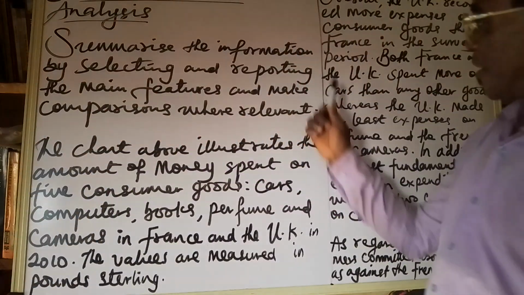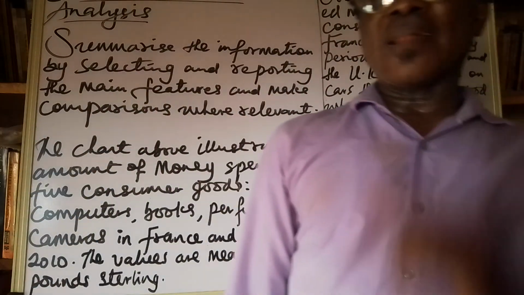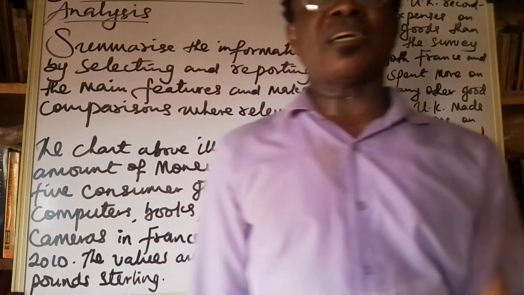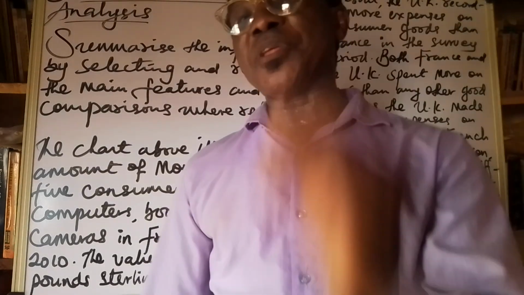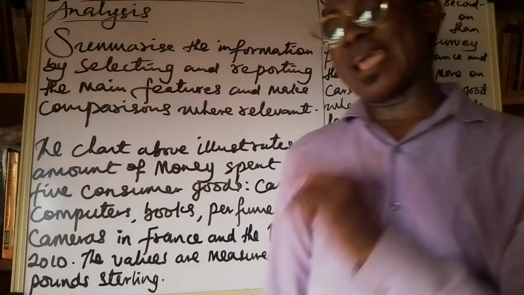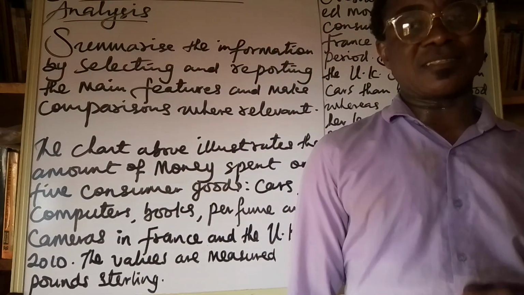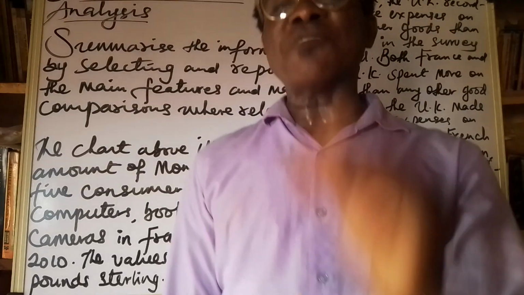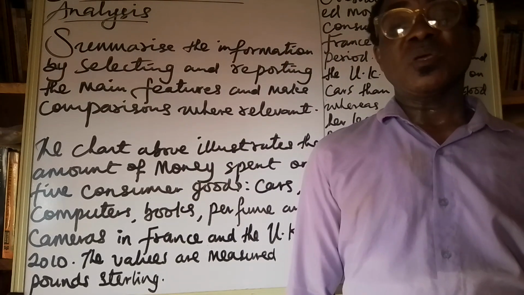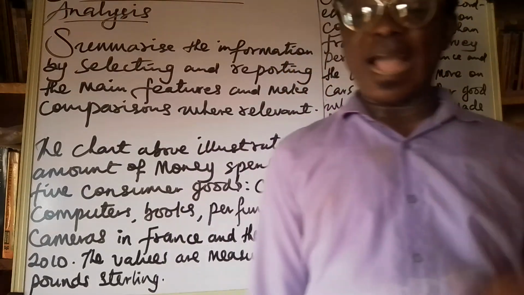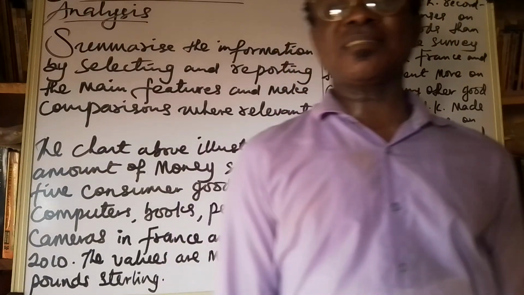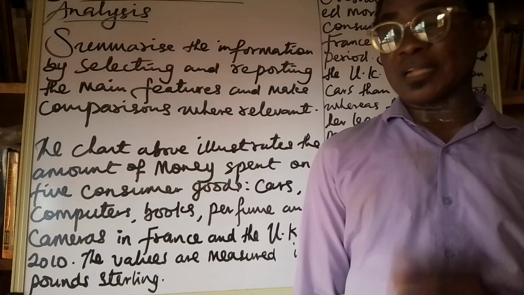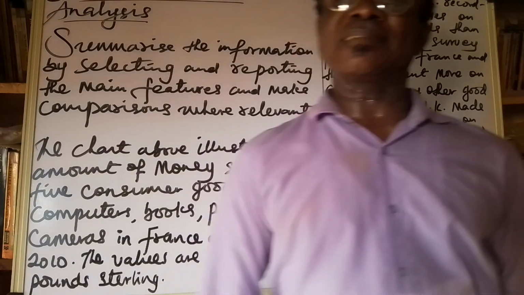But before we go into the details of this question, I'd like to remind you of the topic of the bar chart that we analyzed in our immediate previous video. It says that this chart shows the amount of money spent on 5 consumer goods, namely cars, computers, books, perfume, and cameras in 2 countries in the year 2010.